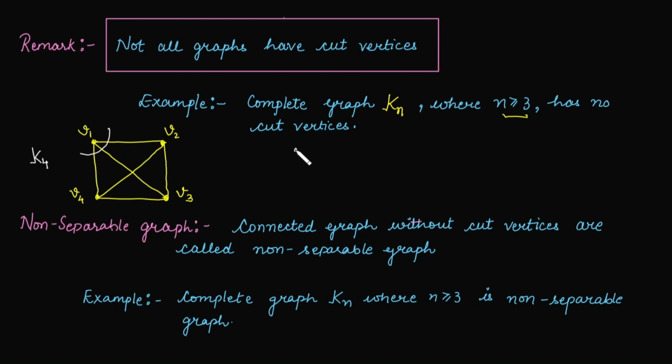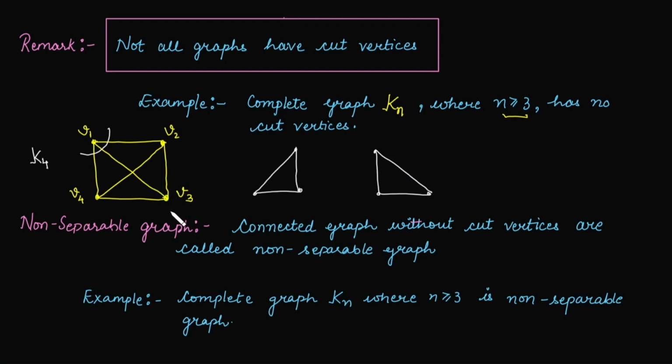In that case, you get a subgraph of this form. Now this graph is connected. Similarly, if you remove V2, again you will get a subgraph of this form, and still the graph is connected.